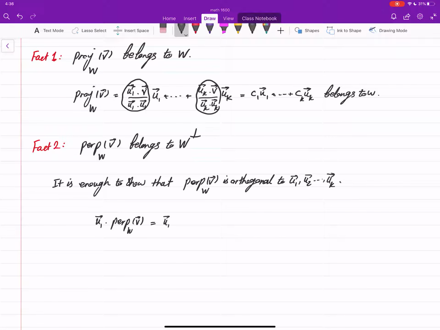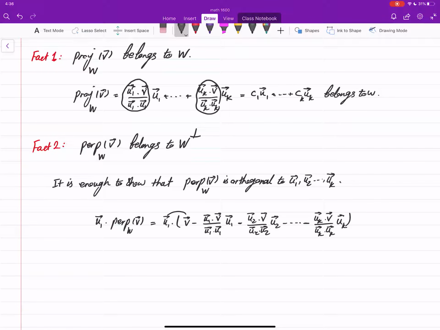This is U1 dot V minus the projection of V over W. Opening it up, it will be U1 dot V over U1 dot U1, then multiplied to U1, minus U2 dot V over U2 dot U2, then scalar multiplied to U2, and this will go up to UK dot V over UK dot UK, then scalar multiplied to UK.